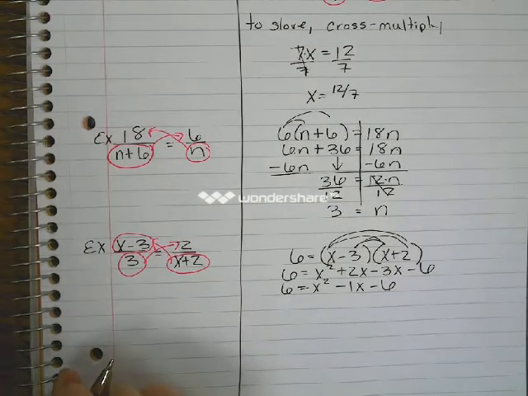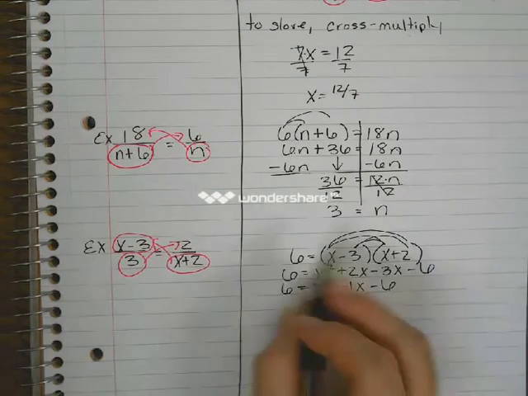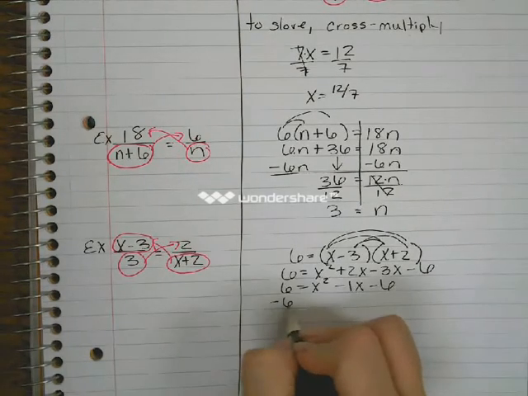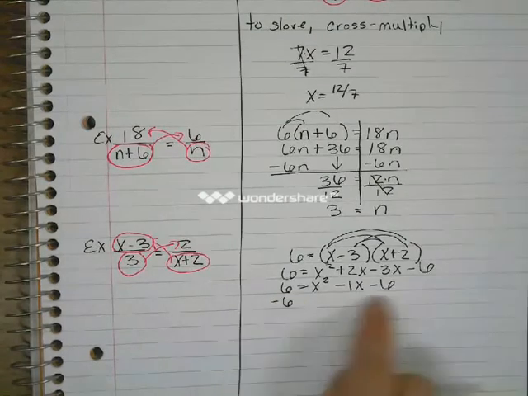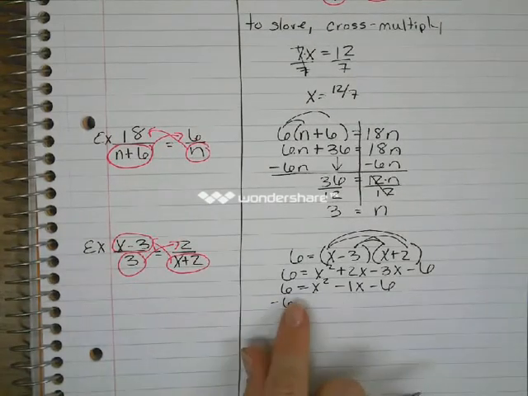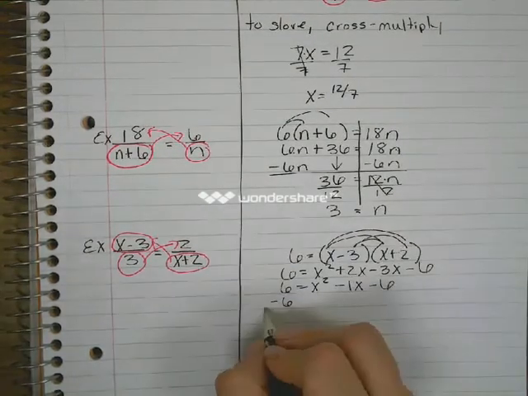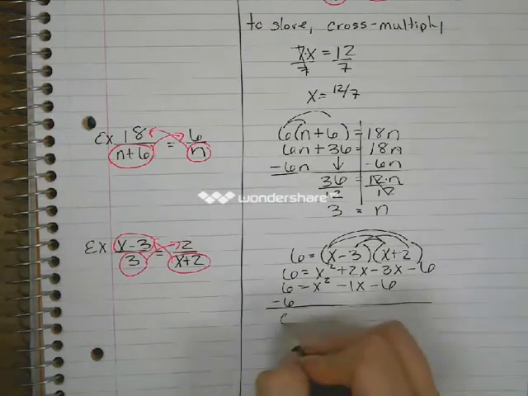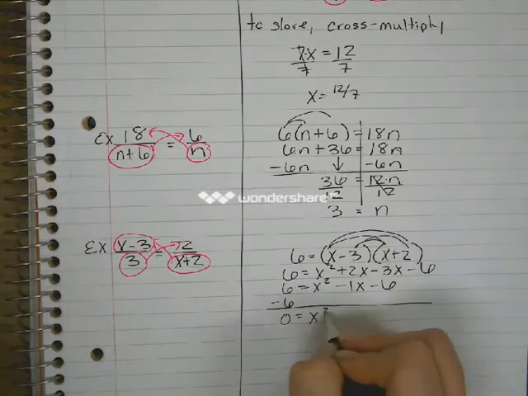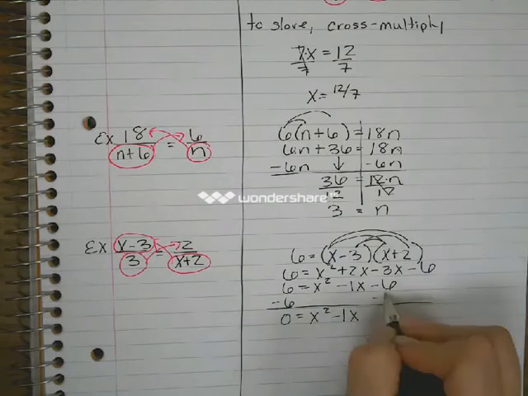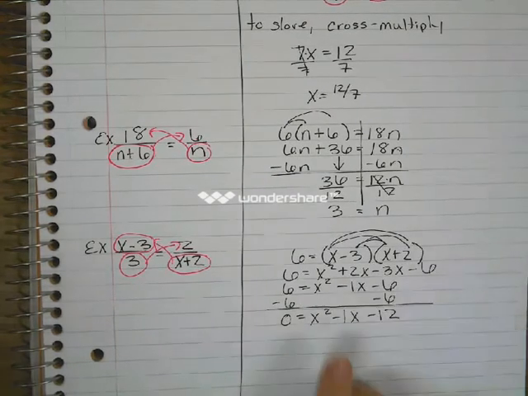Your trinomial needs to be equal to 0 before you factor it. To solve a trinomial, you have to factor it once it's set equal to 0. First you have to get it set equal to 0, then you have to factor it back out.